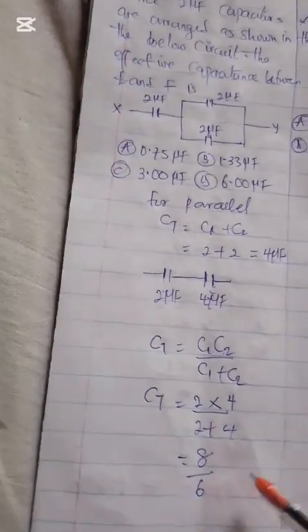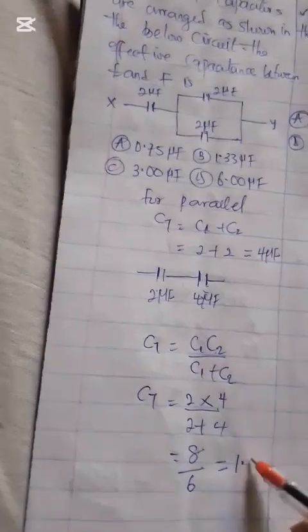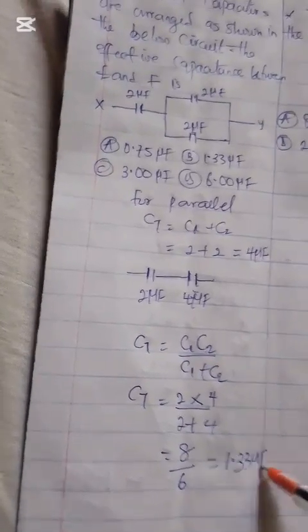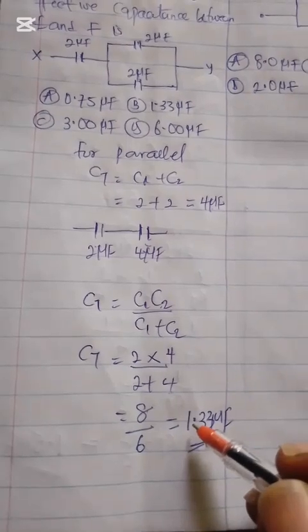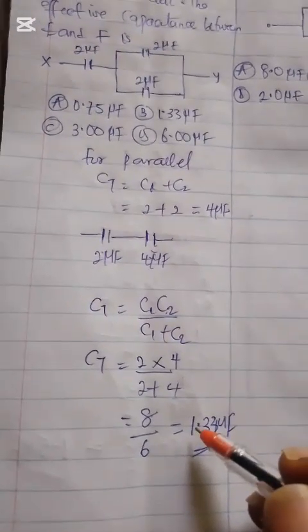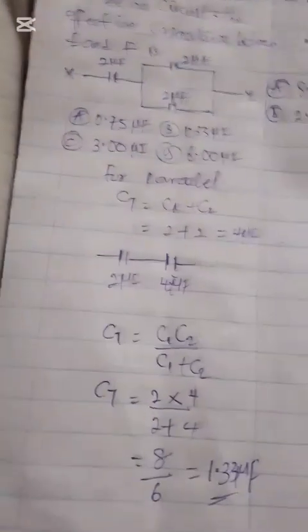So if I divide 8 by 6, I will have 1.33 microfarad. So that is the effective capacitance. I hope that is clear. Next question.